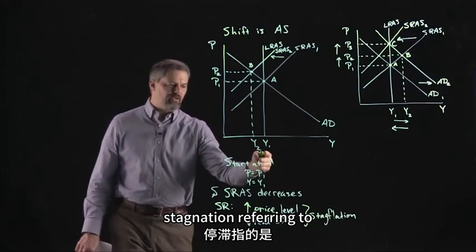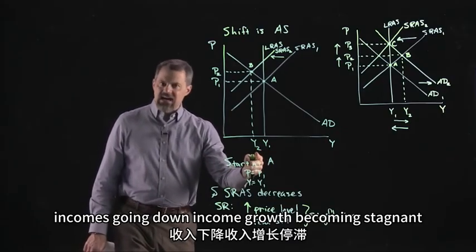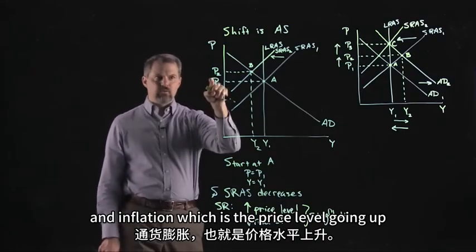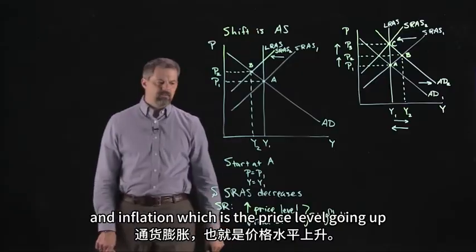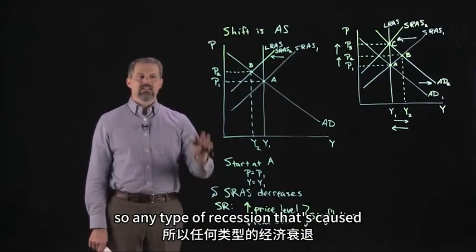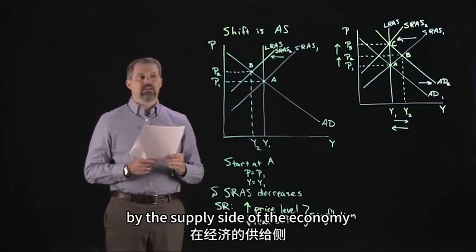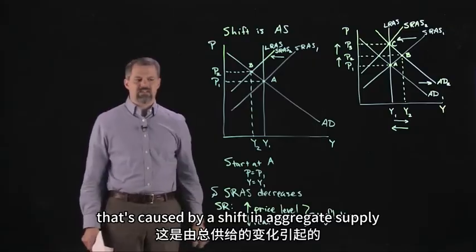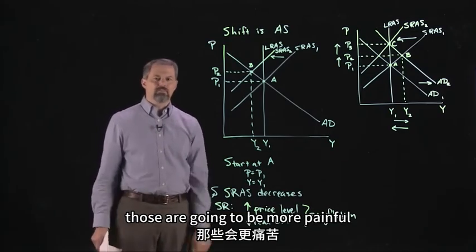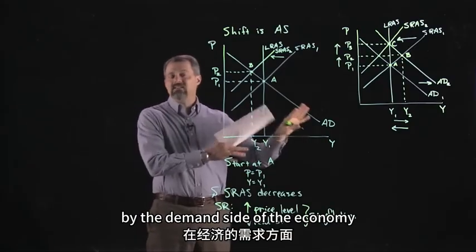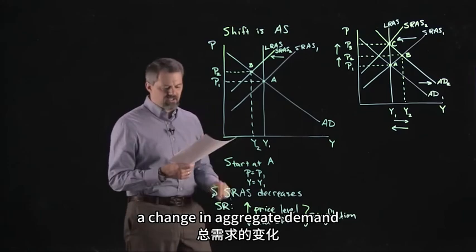Stagnation referring to incomes going down, income growth becoming stagnant, and inflation, which is the price level going up. Okay? So any type of recession that's caused by the supply side of the economy, that's caused by a shift in aggregate supply, those are going to be more painful than the recessions that are caused by the demand side of the economy, a change in aggregate demand.